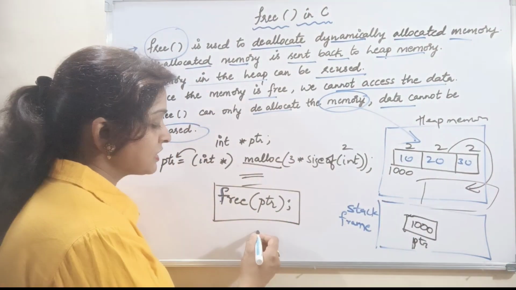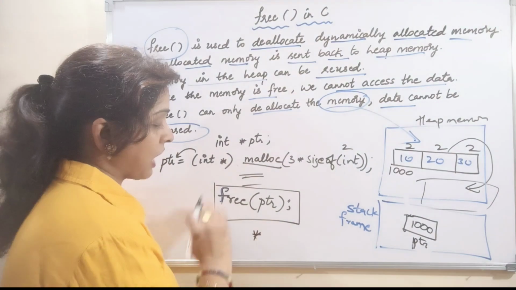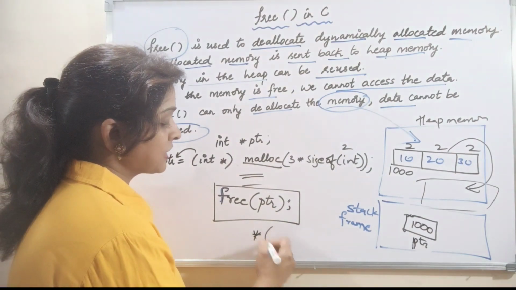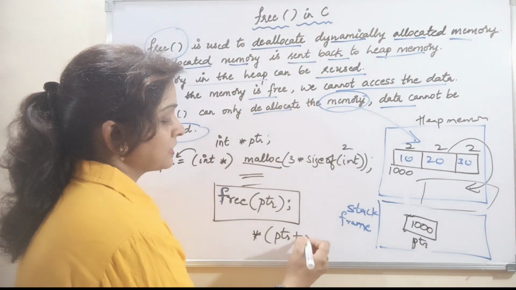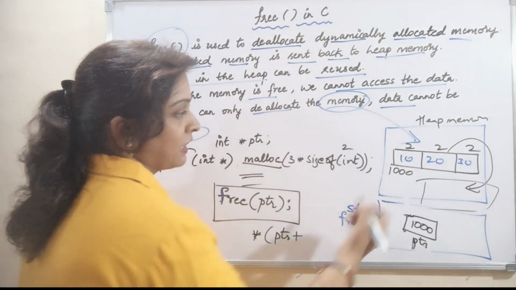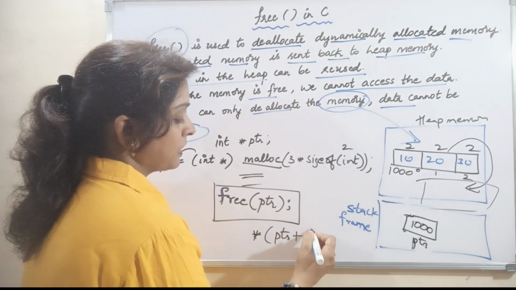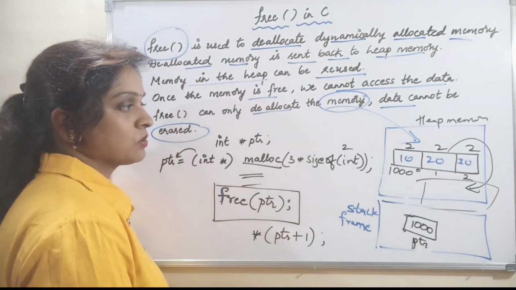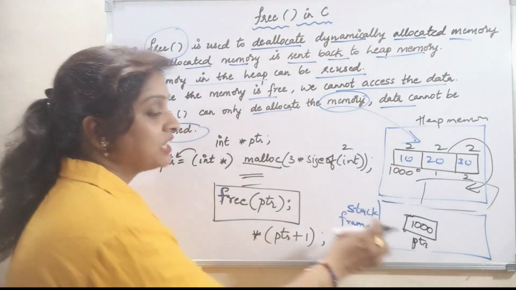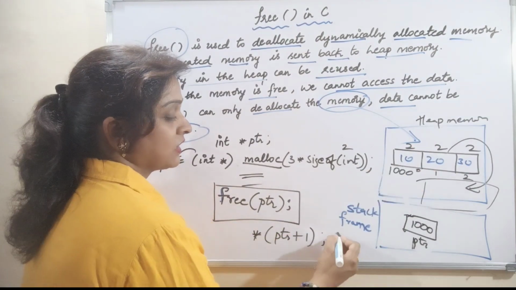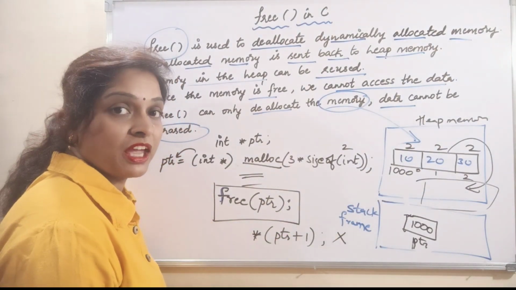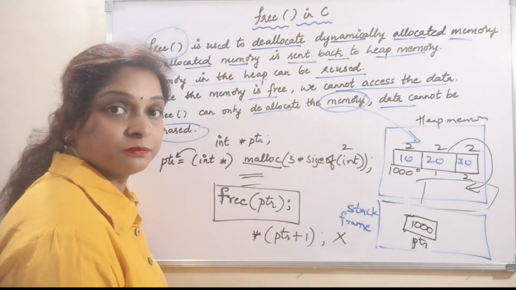Later, if after you say free ptr, I say asterisk ptr plus, to access the second data, say the indexes are 0, 1, 2, so I say ptr plus 1. If I start to dereference with this, then the program starts to behave differently.